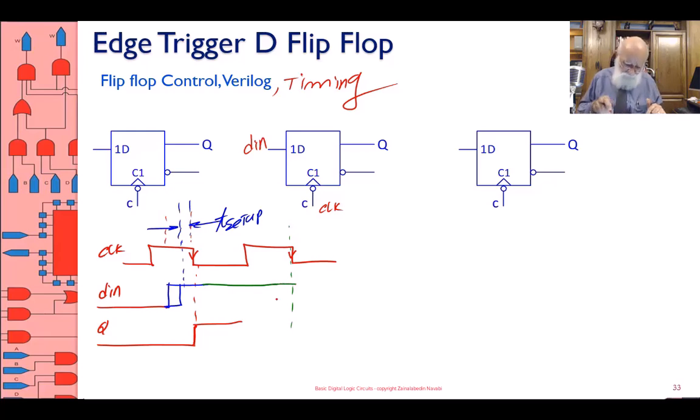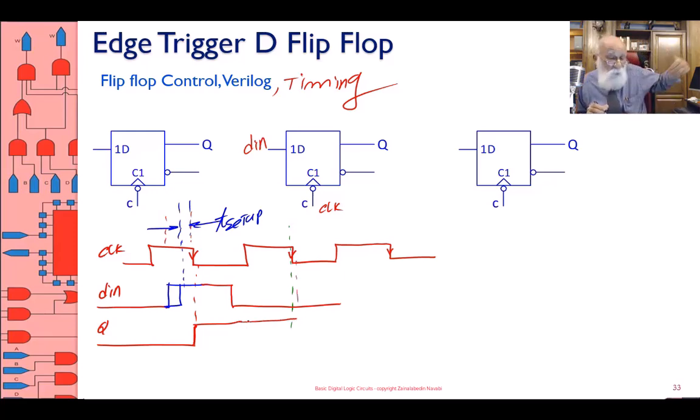Falling edge again. Let's say this continues and then becomes 0. So it became 0, and this was changed long before the falling edge, so there was no violation of the setup time.